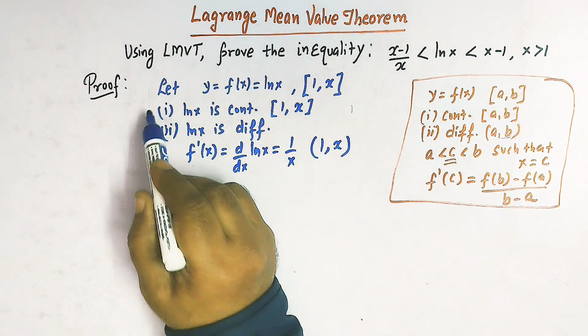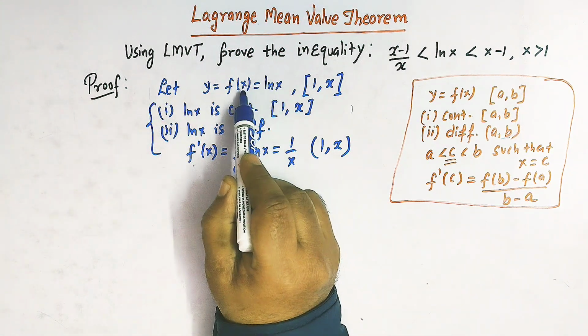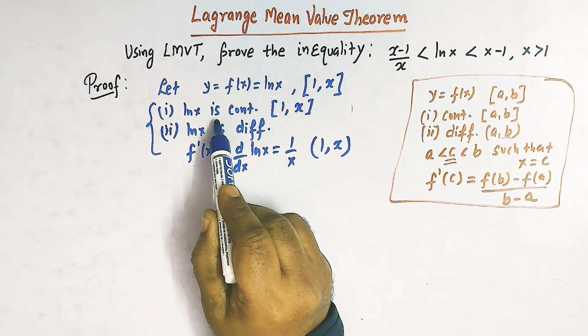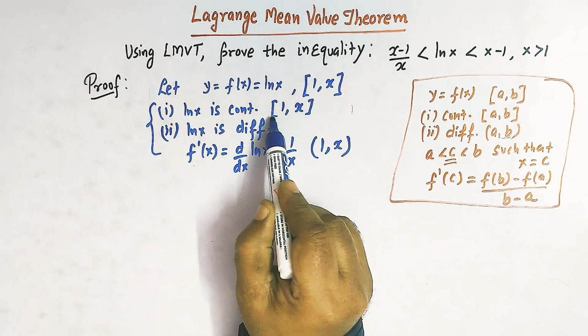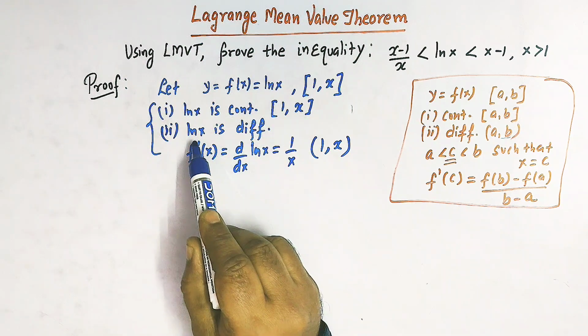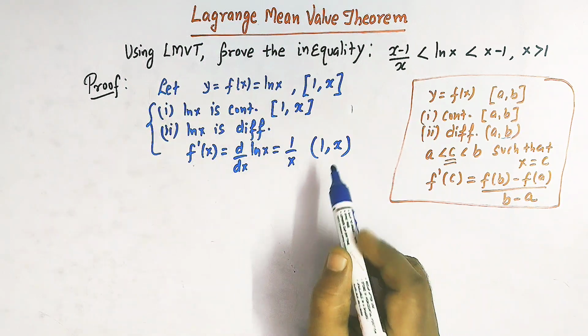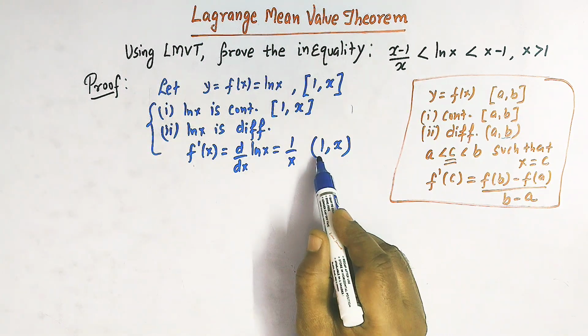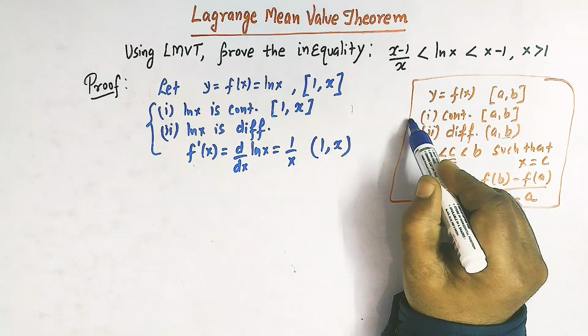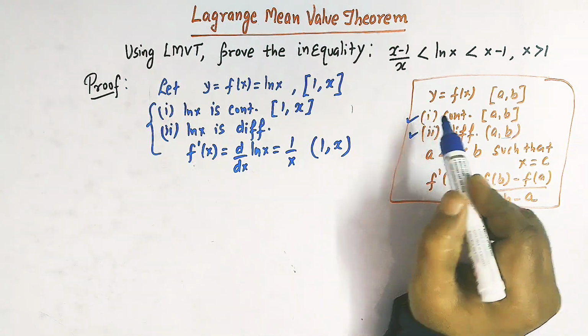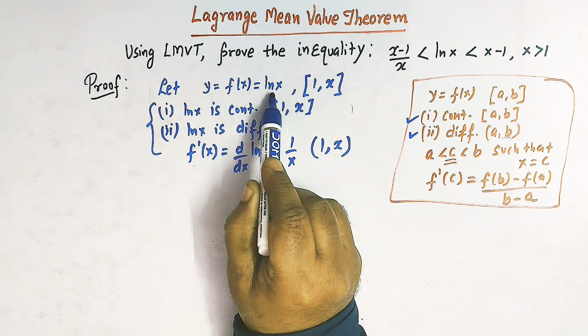So we have seen that this function f of x is continuous in the closed interval 1 comma x, and it is also differentiable in the open interval 1 comma x. So these two conditions are satisfied by our function.